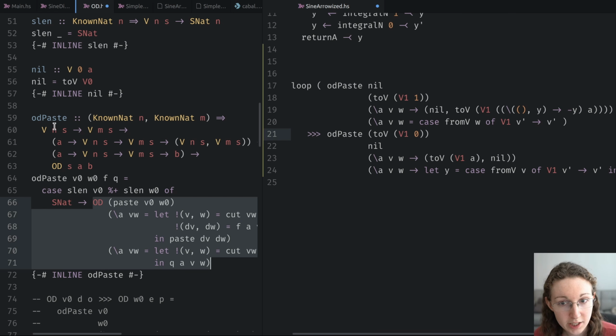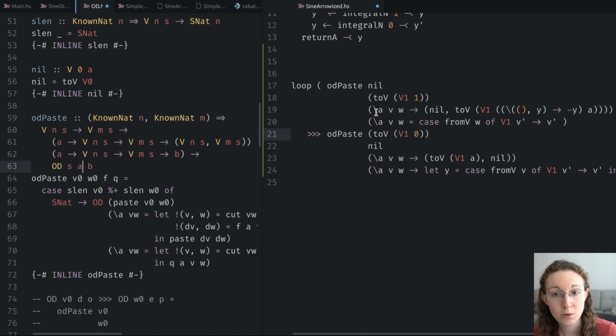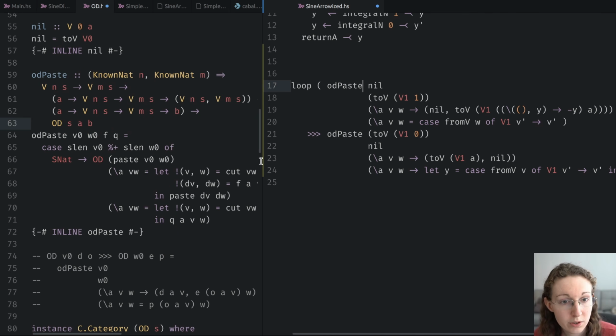In this particular case, OD paste takes two type level arguments. And I'm only really going to care about the N and M here, because the S is not particularly important. So let's introduce those to figure out what exactly they are supposed to be, so we can follow them as we run through this code.